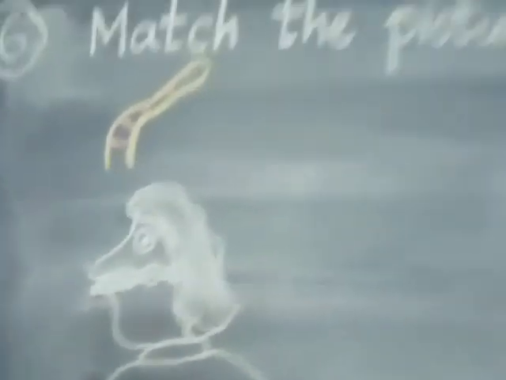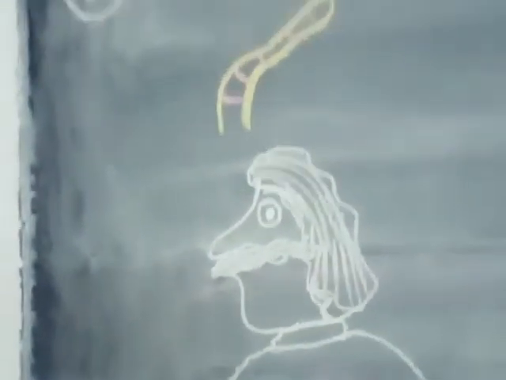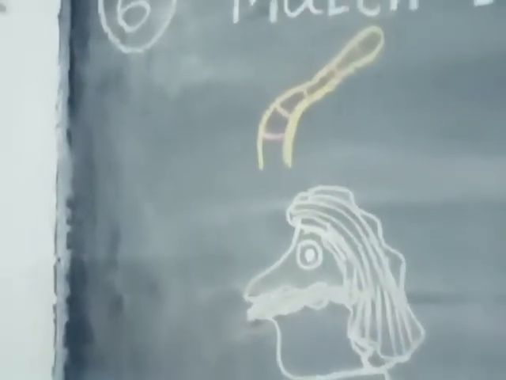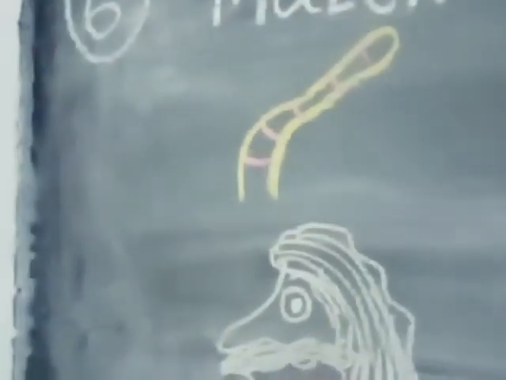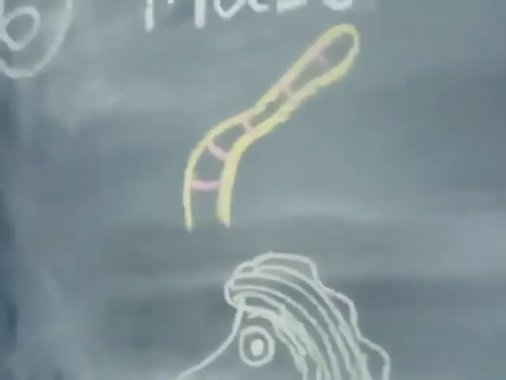Okay children, now we have our next activity. Match the picture to the words. So here are some pictures. Can you see? There are some pictures here. Identify the picture and you need to match with these words. So what is the first picture? It's a tail. Yes.